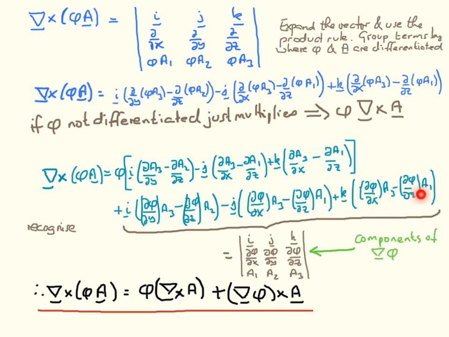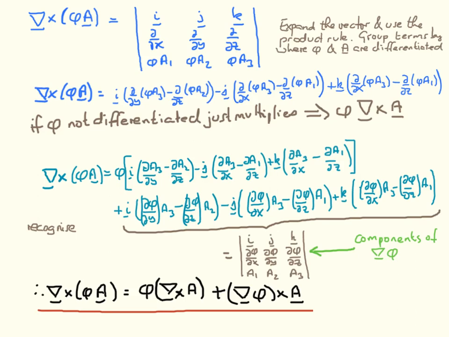Let's look at this. So what we have now is something that looks very much like a vector product, but the phi scalar field is being differentiated. And if you look at that for a moment, you can convince yourself that this is just this determinant here.